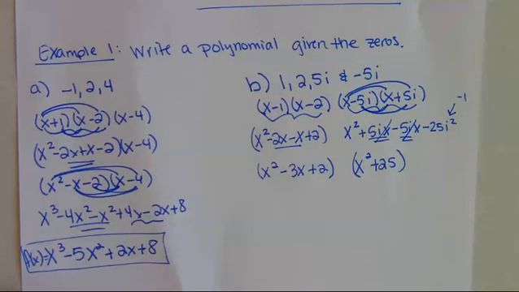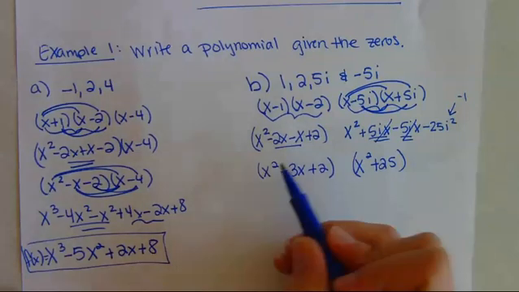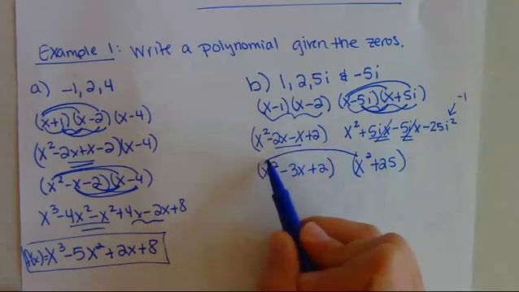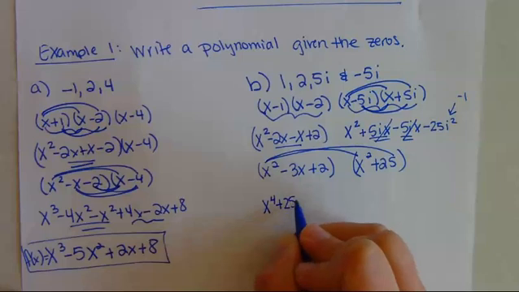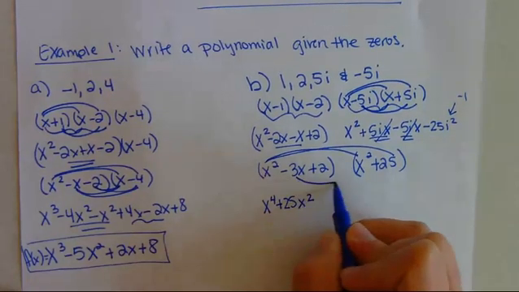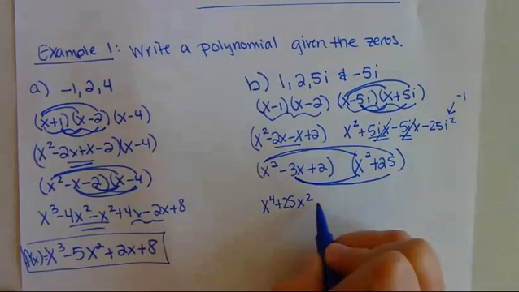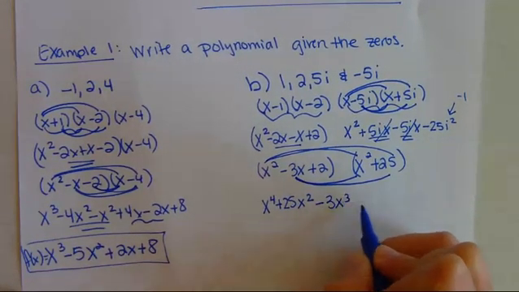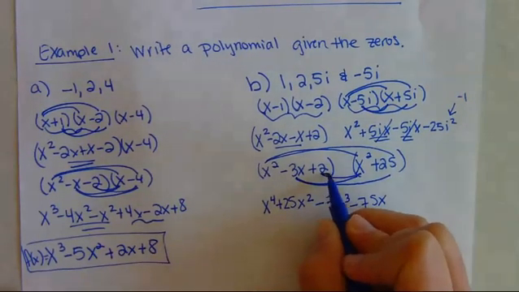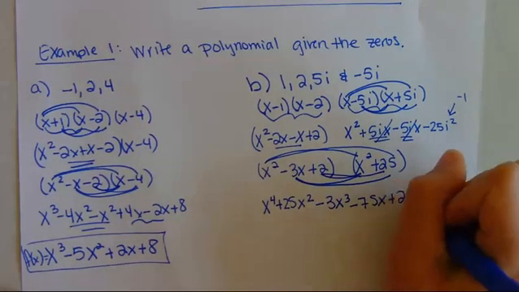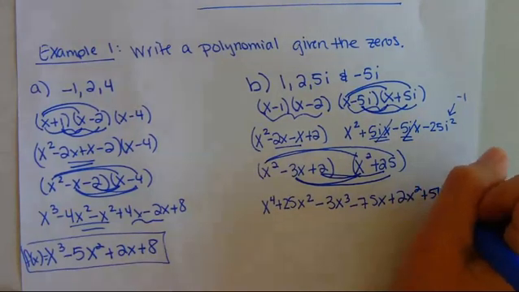So we'll FOIL one more time here: x squared times x squared and 25, so x to the fourth plus 25x squared. Negative 3x to both of those pieces, so negative 3x cubed minus 75x, and then the 2 to both of those pieces, so plus 2x squared plus 50.